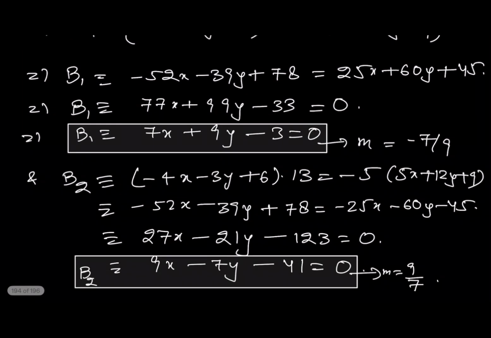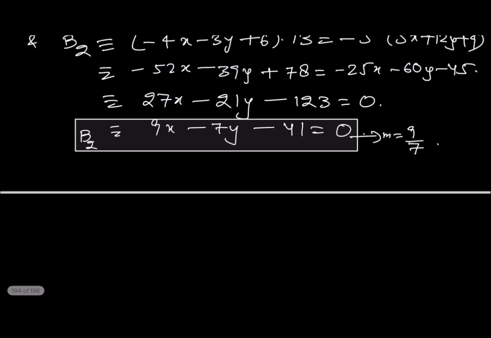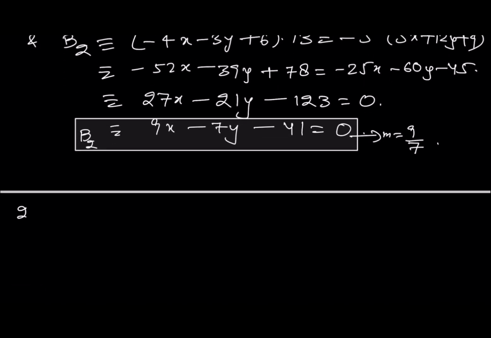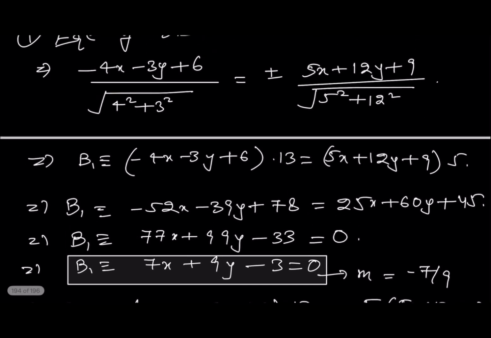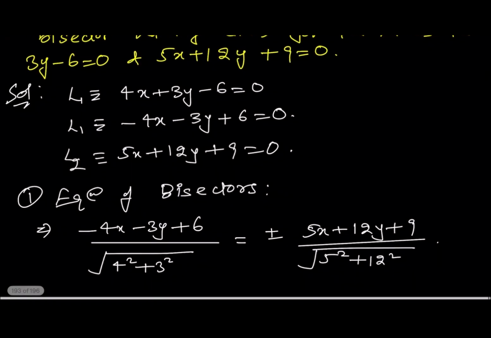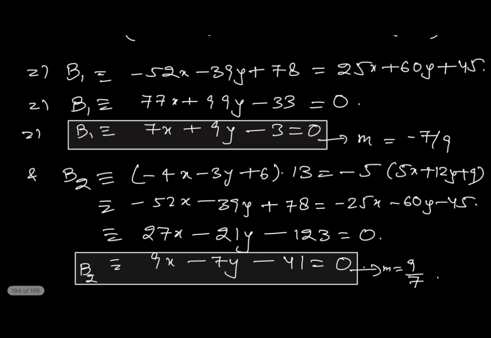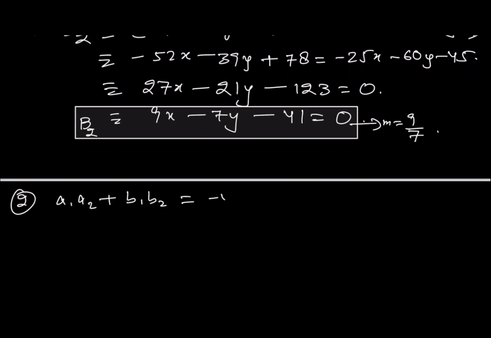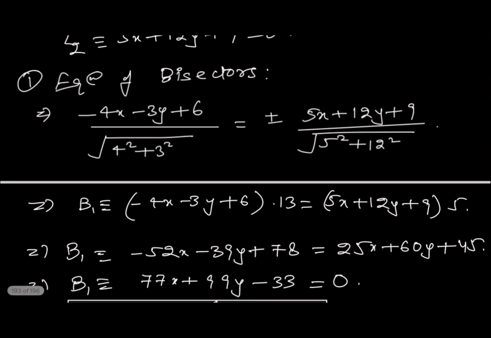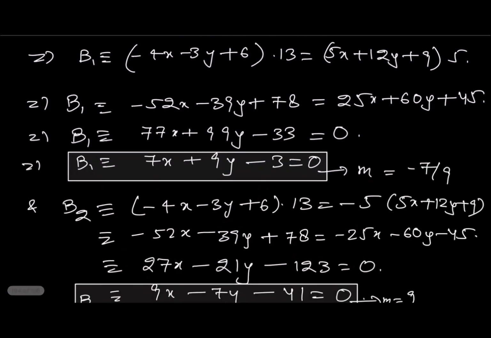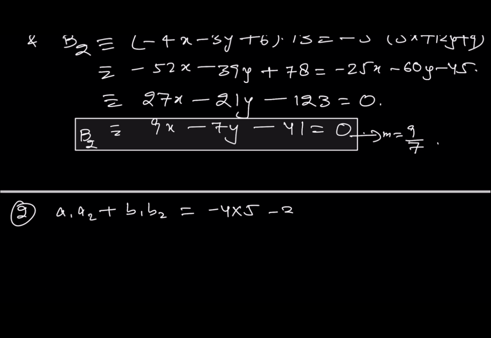Now what is the acute angle bisector? For this we have to find A1 A2 plus B1 B2. So A1 A2 plus B1 B2 is minus 5 into 4, minus 4 into 5 and minus 3 into 12, which is less than 0.